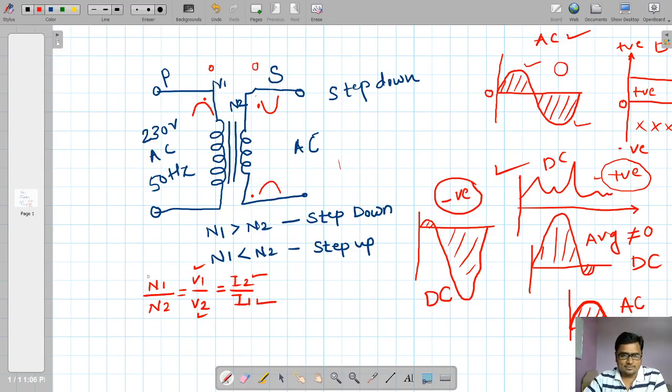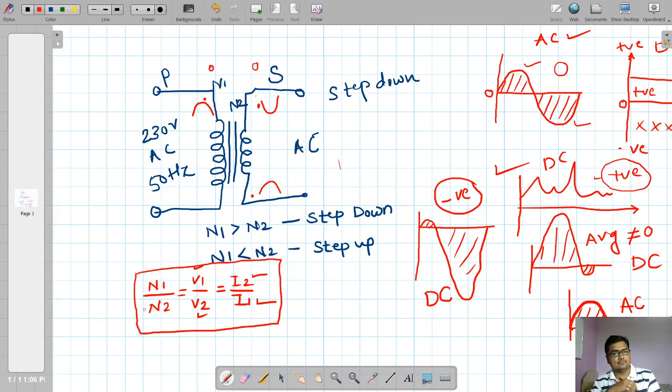That is the most important equation. I know you are aware of this equation, but take it as a part of revision. N1 divided by N2 is V1 divided by V2 is equal to I2 divided by I1. This is the important equation related to the number of turns for the primary as well as the secondary.